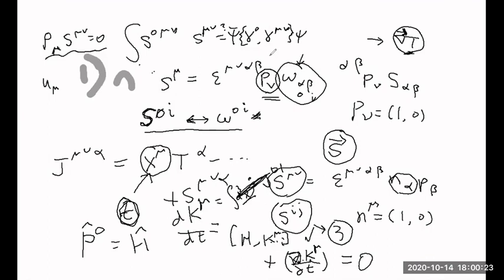Yes, gamma 0 and the commutator of gamma mu and gamma nu, and the anti-commutator. What I said is that if you do not anti-symmetrize in this way, that operator is not Hermitian, so it should not be the observable.